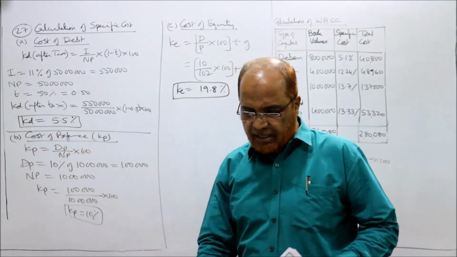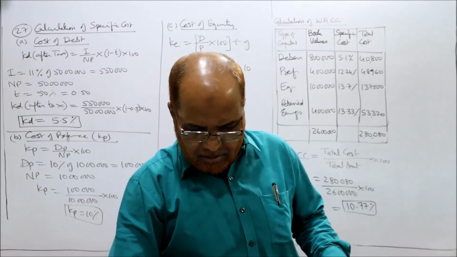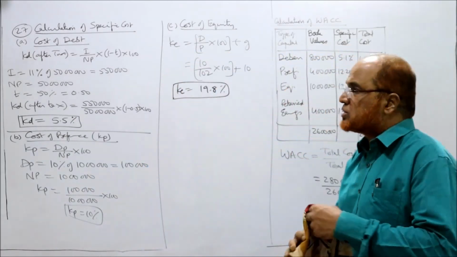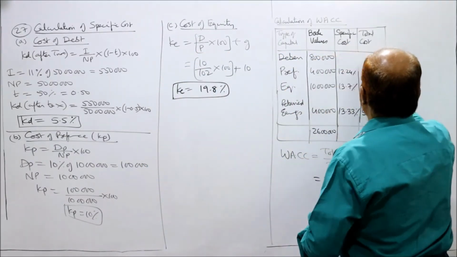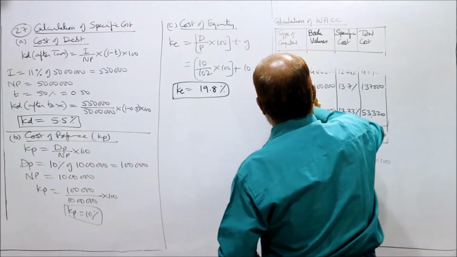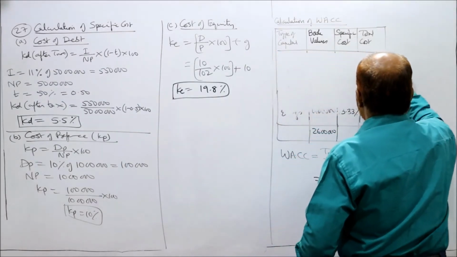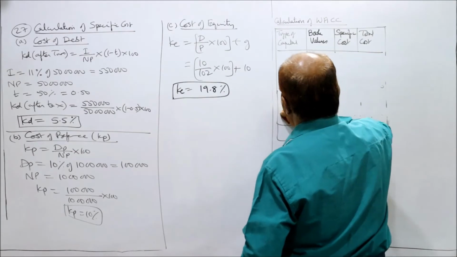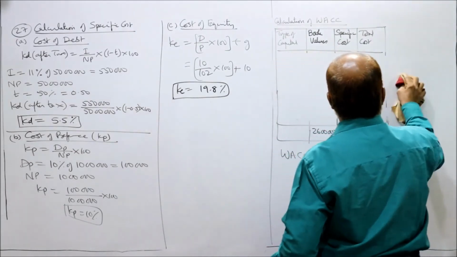Come on, we got KE also. Only 3. So we got the specific cost. Now we can easily calculate WACC. Already the table is ready.